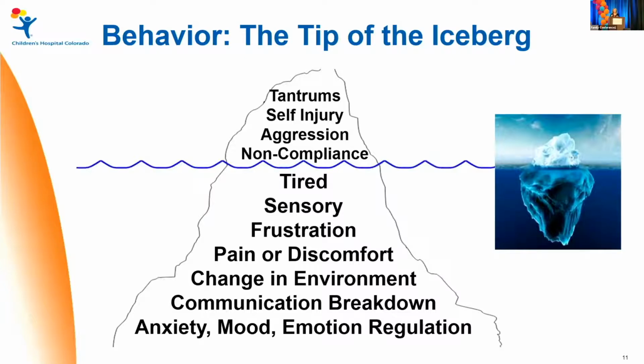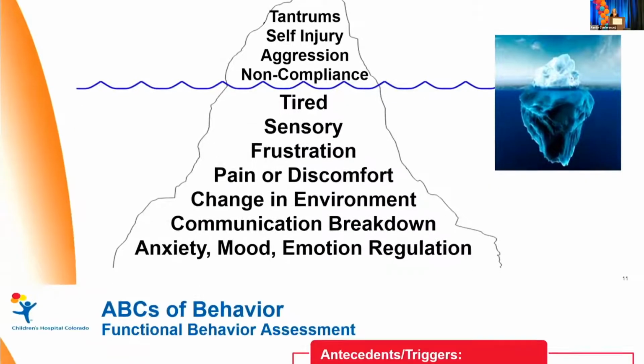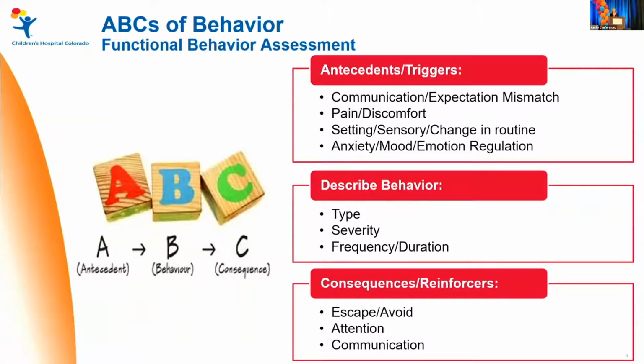Are they frustrated because they can't communicate, or the expectations of that setting are too high for them? Do they have pain or discomfort? Is this a change in routine or environment that's really throwing them off? It's really important to think of all of these things when you're looking at behavior in a child with developmental issues.